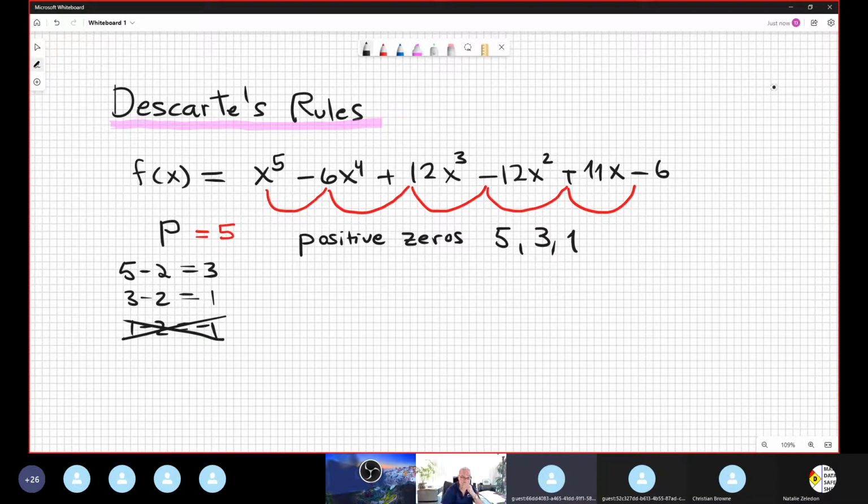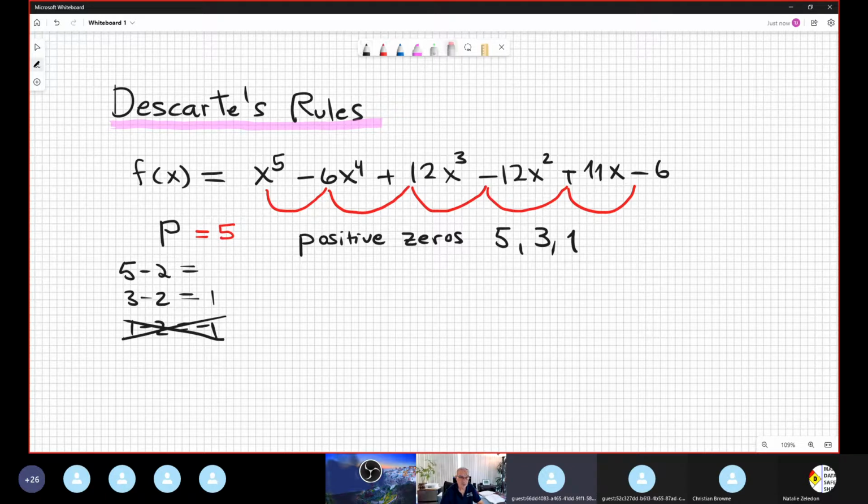So the Descartes rule says the polynomial contains either 5, or 3, or 1 positive zeros. Actually, I want to determine which one, but so far this is the possibility we have.